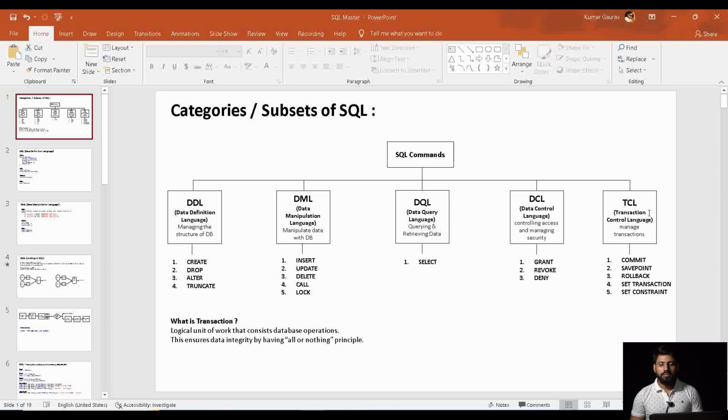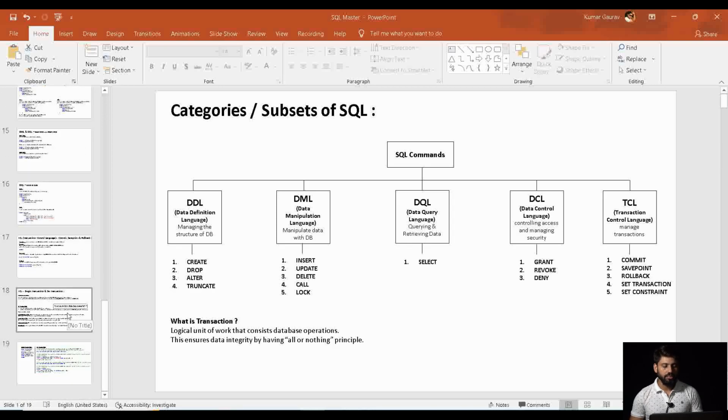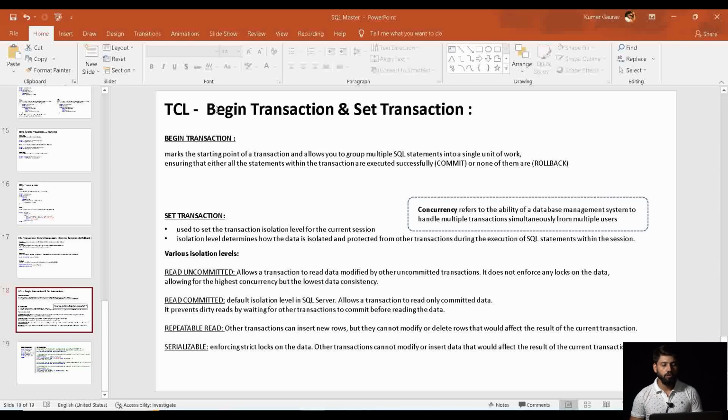The fifth one was TCL, which is transaction control language, in which we have set transaction. So we'll be watching set transaction along with begin transaction, because both of these statements are very confusing with each other. So I will deal with both of them in this video.